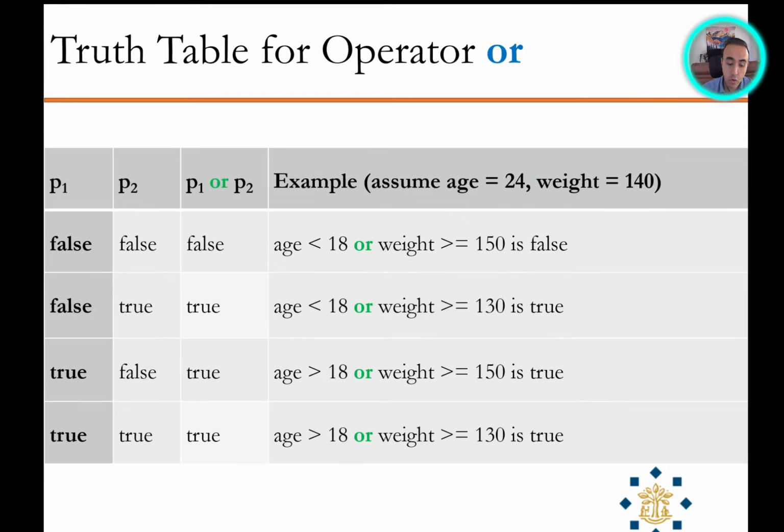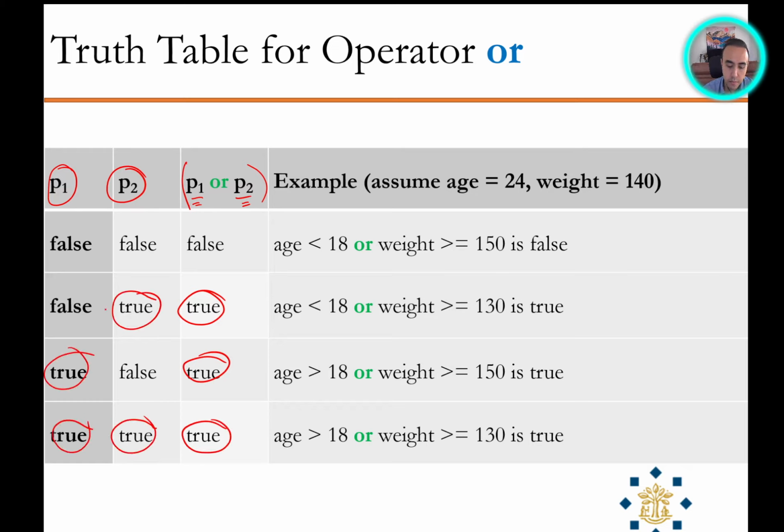And then we have OR. You need either one of these conditions to be true. So you have proposition 1 and proposition 2, and you need P1 or P2 to be true. The compound is true if they're both true or just one is true. And it's only false when they're both false.